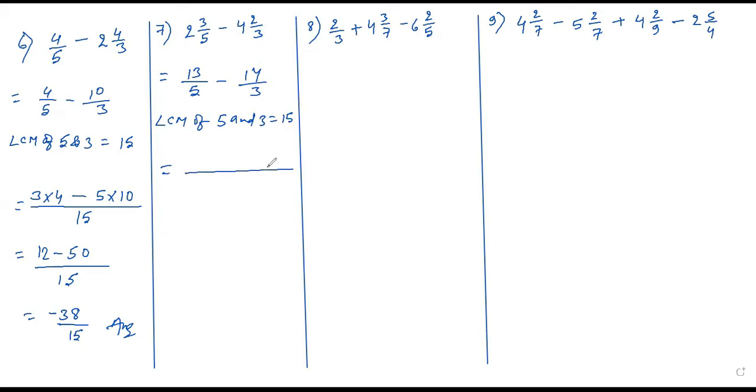Below the line we write the common denominator, which is 15. Now 5, how many times is 15? 3, so 3 will multiply to the first numerator. 3, how many times is 15? 5, so 5 will multiply to the other numerator 14. So 3 thirteens are 39 minus 14 fives are 70, so 39 minus 70 is minus 31, whole divided by 15. So this became minus 31 by 15.